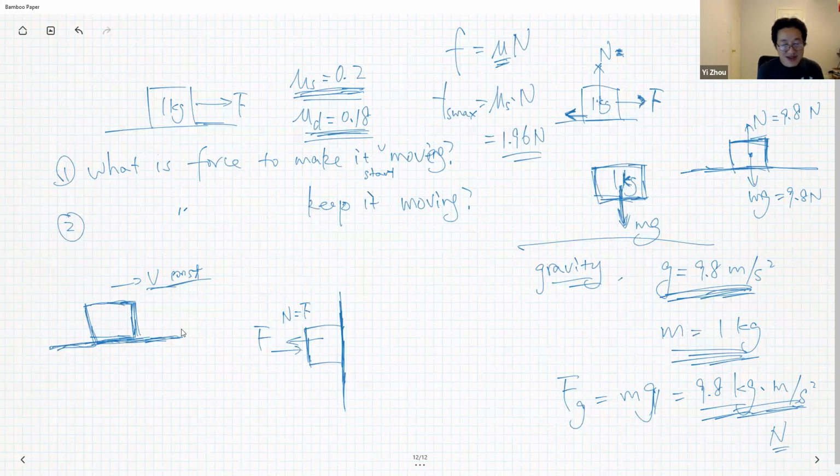So think about Newton's first law or second law. A constant velocity means A equals what?